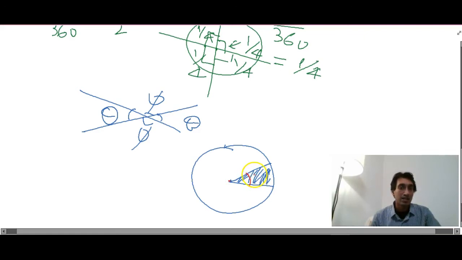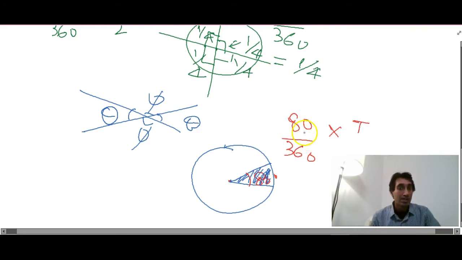If this angle, for example, is 80 degrees, then the area subtended by this sector will be 80 divided by 360 into the total area.